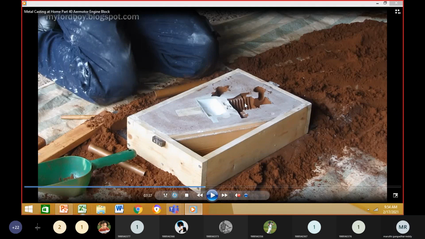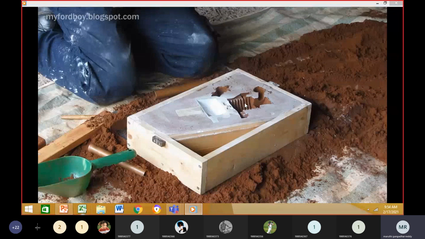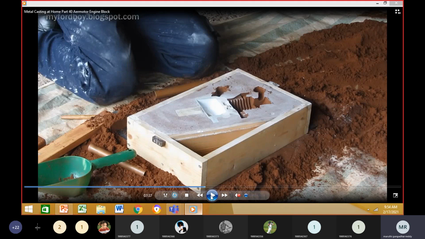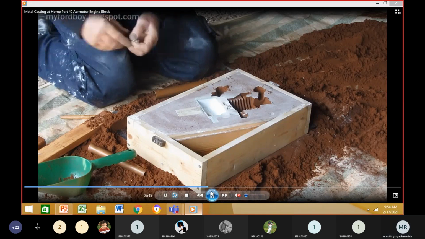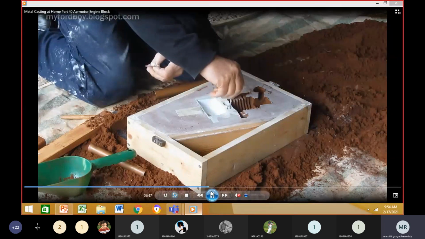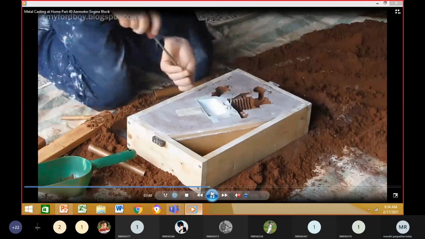In order to compensate, we can make the pattern smaller in size. In order to compensate for the easy removal of the pattern, and for the enlargement of the mold cavity during the pattern removal, we provide the wrapping or shaking allowance, which is called a negative allowance. You can observe how he is removing it.